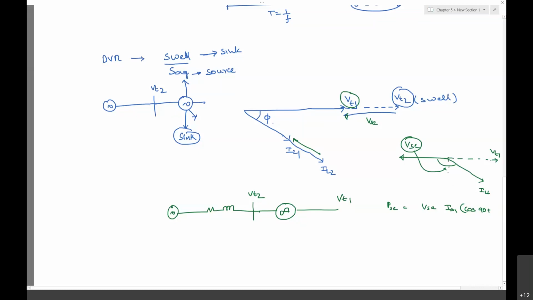Obviously, there will be an angle of 90 minus phi, because this is a phi angle over here. So it is VSC times ISC times cos phi, with a minus sign over here. Okay, you get a minus over here.